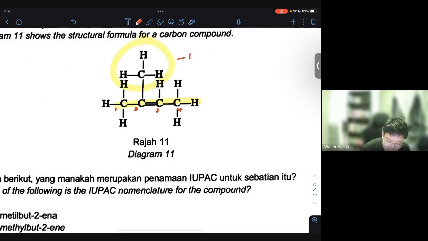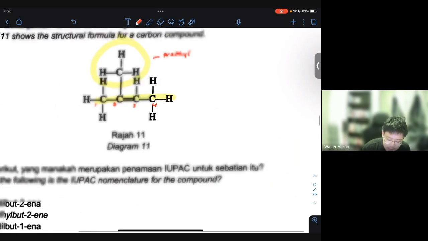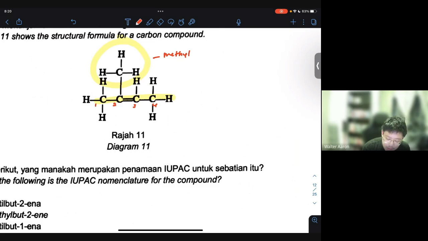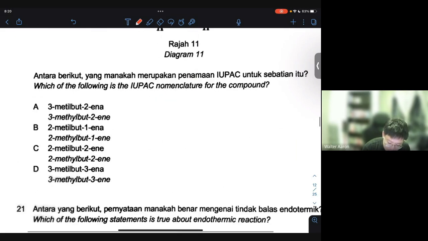So this is a methyl. The methyl group is actually attached to carbon number 2, and the double bond is also at carbon number 2. So we'll call this 2-methylbut-2-ene. Right? 2-methylbut-2-ene. The answer is C.